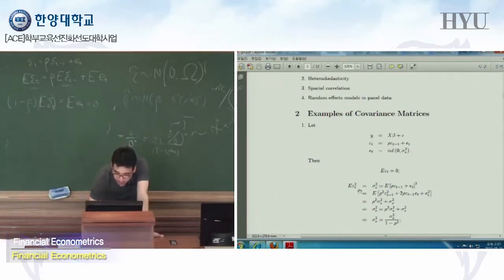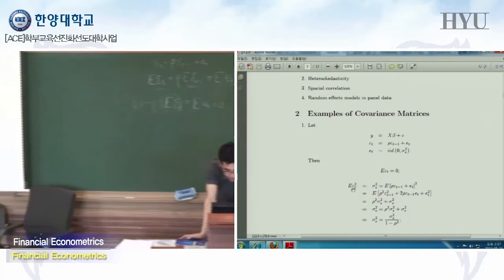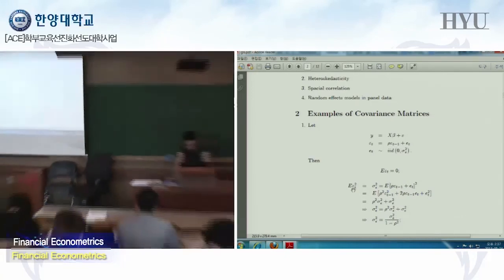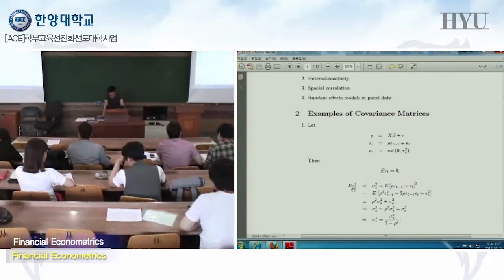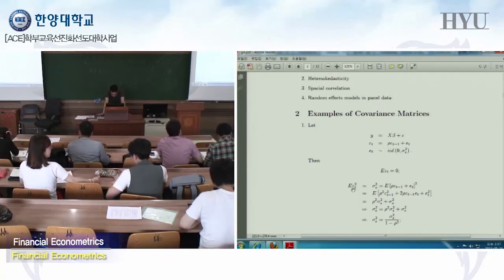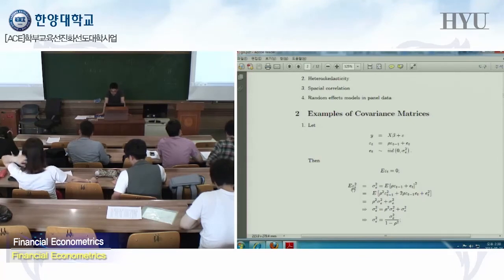Next, let's calculate the unconditional variance. The mean of epsilon t is 0, so the expectation of epsilon squared is the variance of epsilon t. Let's call this unconditional variance sigma epsilon squared, and it is the expectation of rho epsilon t minus 1 plus e t, squared.